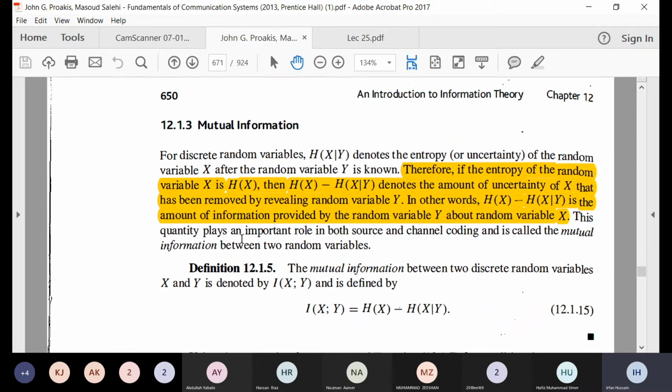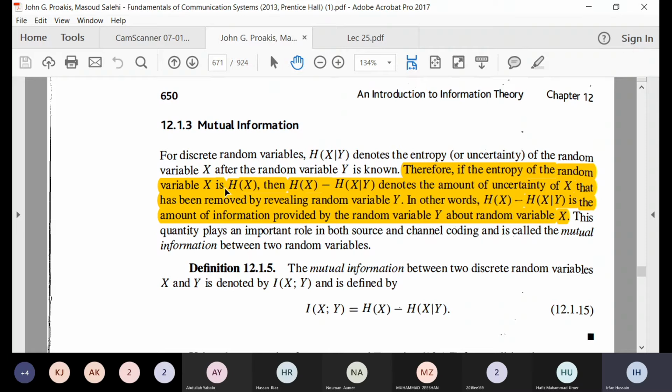Then we have another thing which is called the mutual information. So mutual information is the joint information of the two random variables.